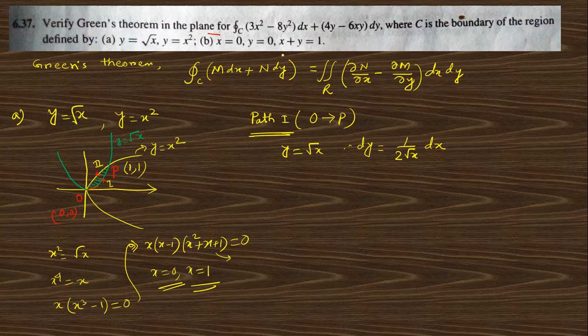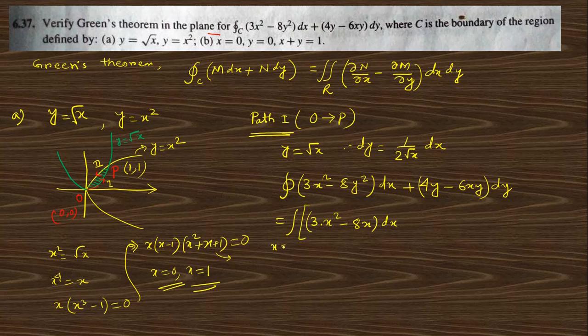If you put this in the contour integration of 3x square minus 8y square dx plus 4y minus 6xy dy, we need to change all y into x. So 3x square has no change, y square is x, into dx.